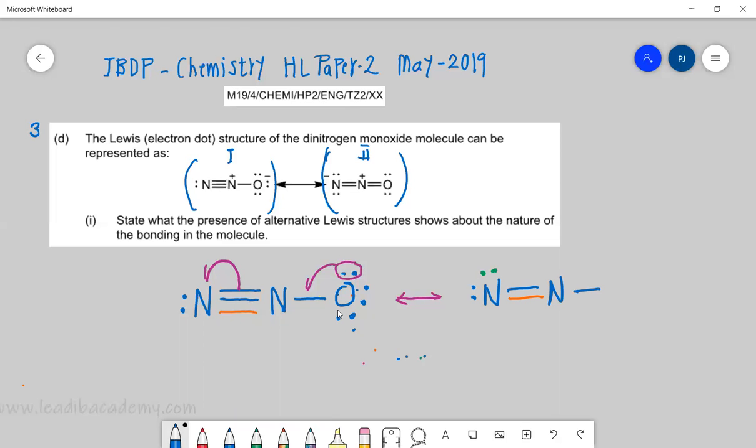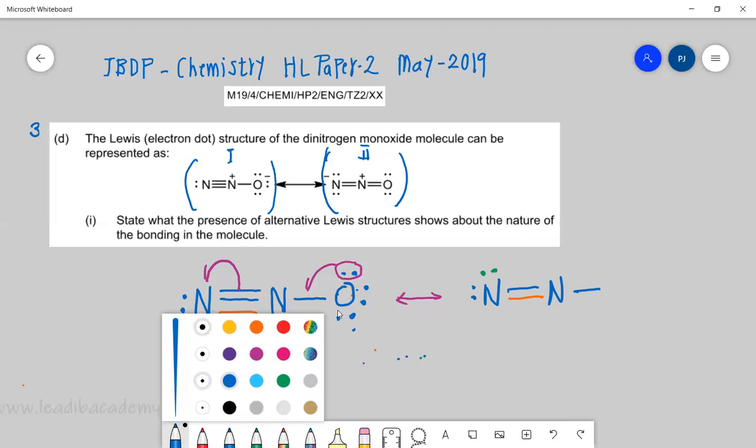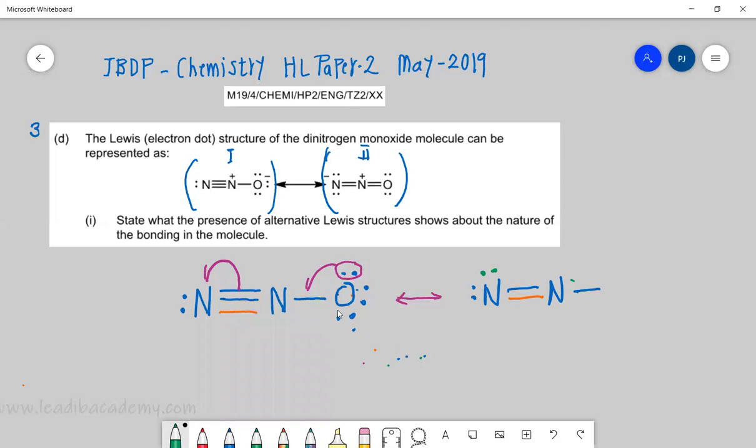While here, between nitrogen and oxygen, whatever 2 electrons lone pair has come, it is going to form a new bond, and we will get oxygen like this.